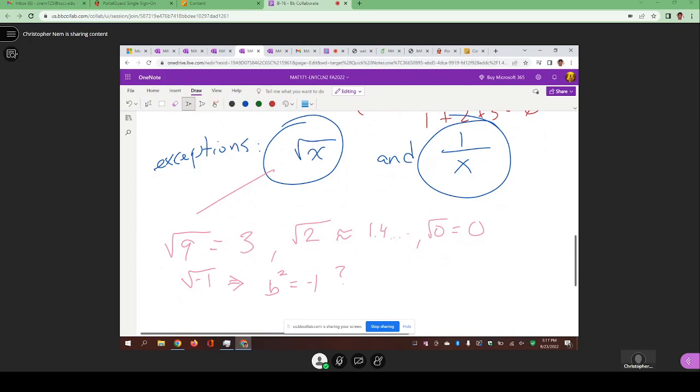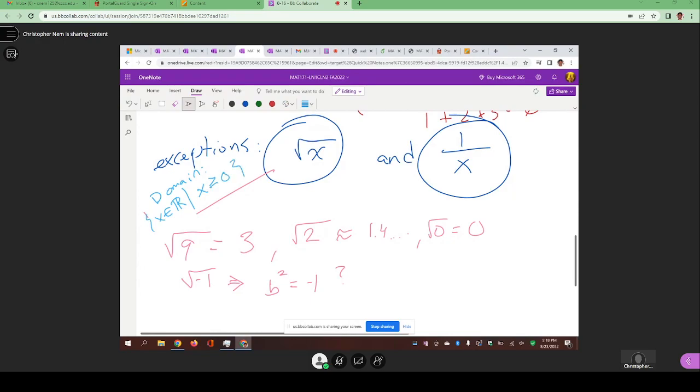So if a number multiplied by itself gives me a positive, how can I reach a negative value? That's the reason why this expression's domain is going to be all the x, all the real numbers, not integers, all the real numbers, such that x is bigger than or equal to 0.